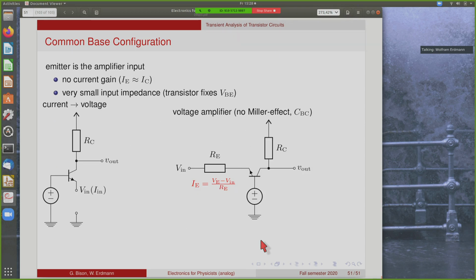Okay, the last thing I just want to mention briefly is we've seen two different configurations now, or 3 different actually. One where the emitter was grounded, one where the collector was connected to a fixed potential. There's also an amplifier that uses the common base configuration.